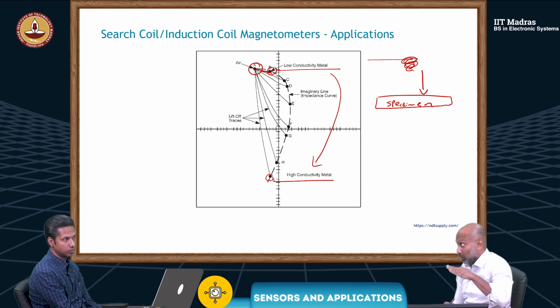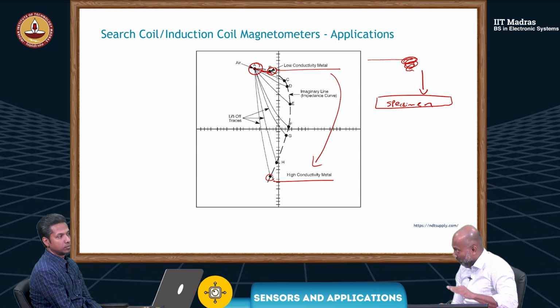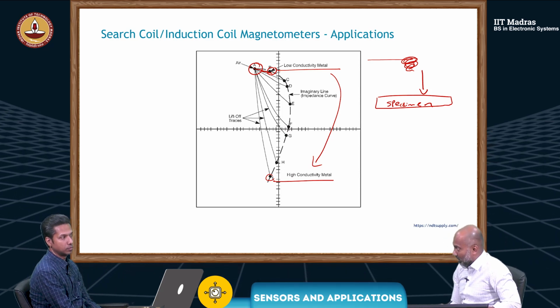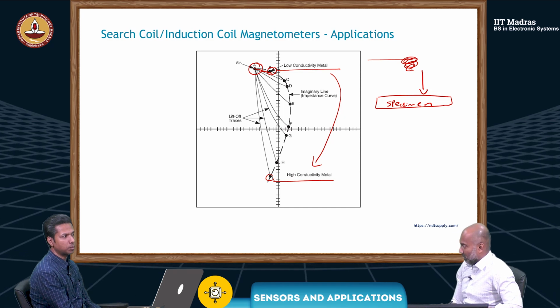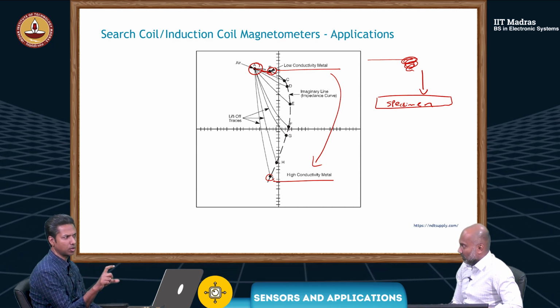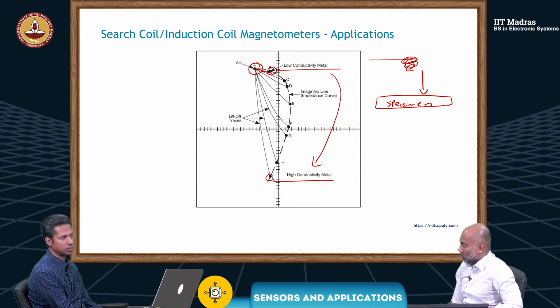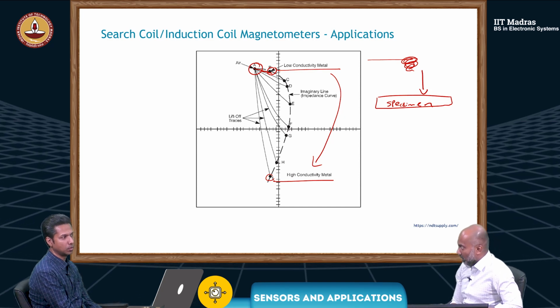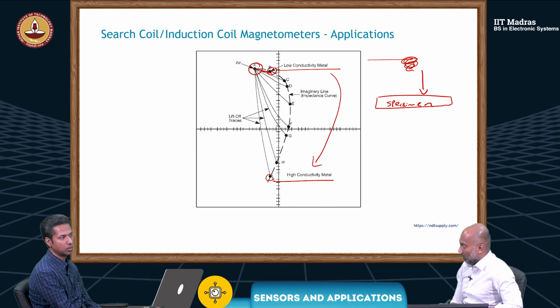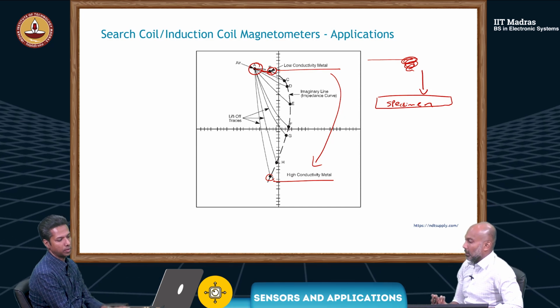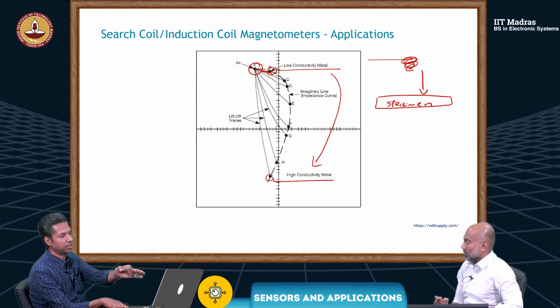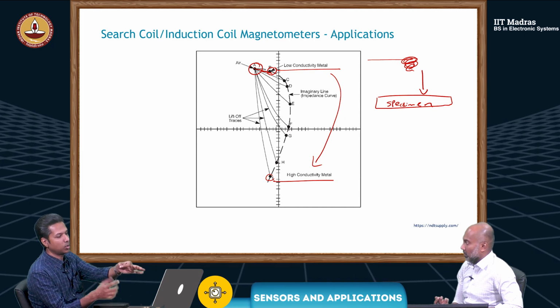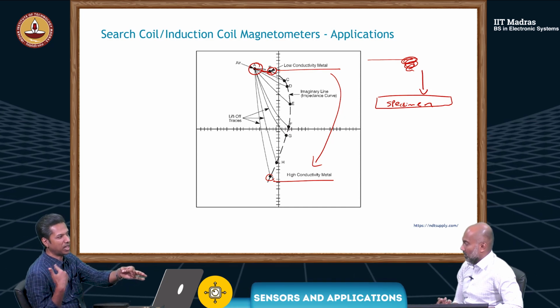Then from the same position, you bring it towards the specimen. That means liftoff is changed. When you're measuring the value, it's at a height, the object is here. So I got the impedance value, and I'm nulling it.